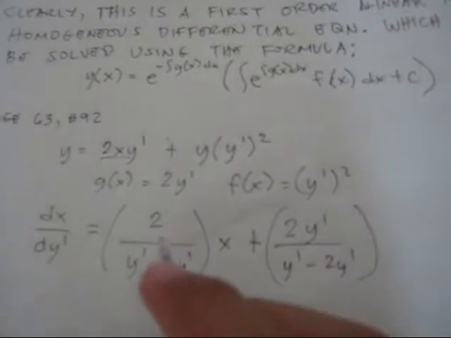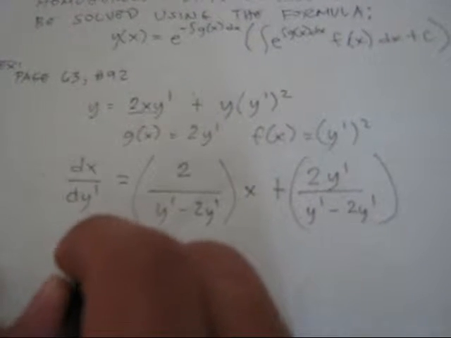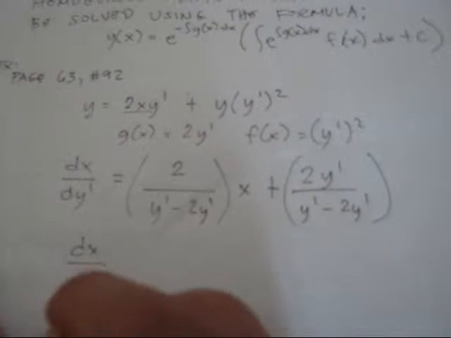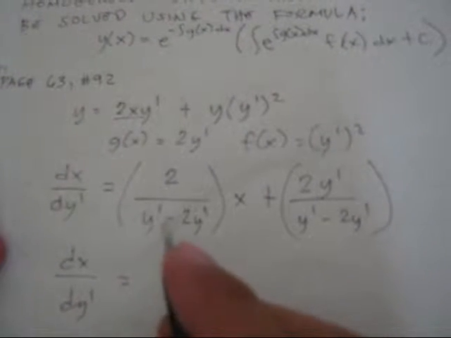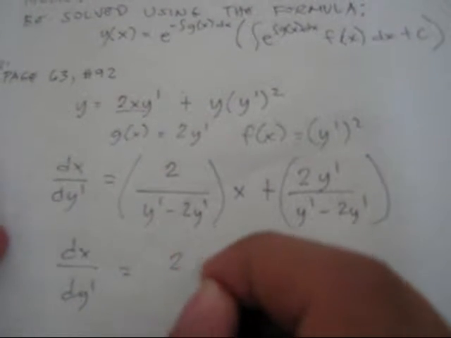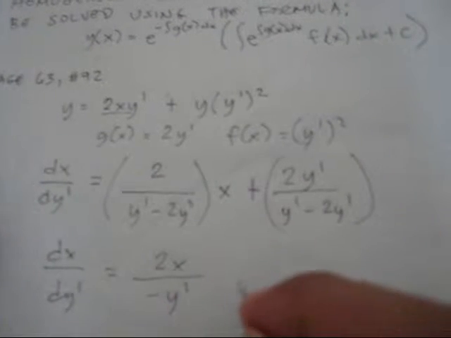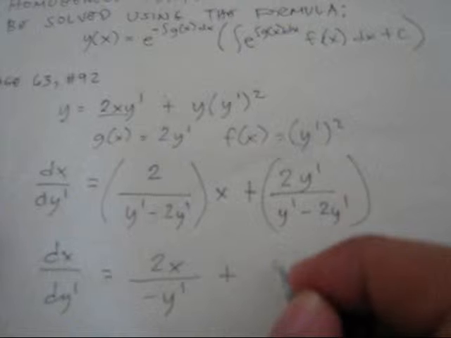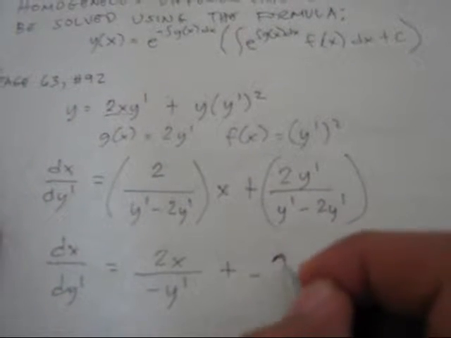Then upon simplification, we will get dx over dy prime is equal to 2x all over negative y prime plus negative 2.